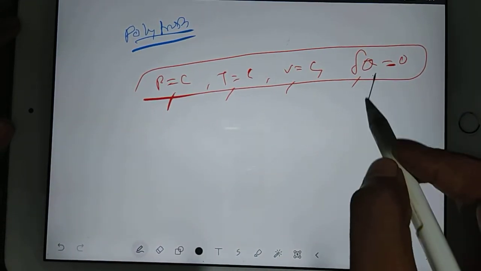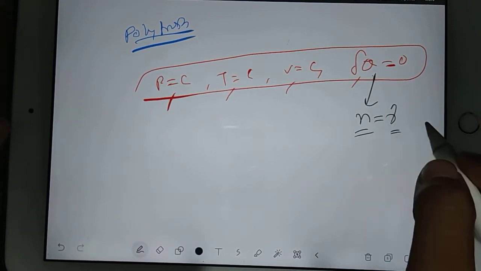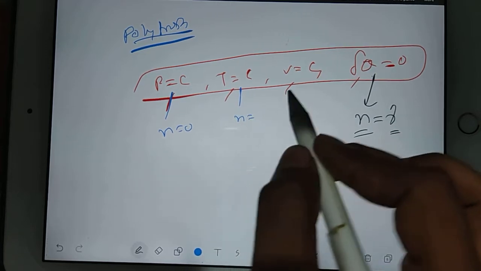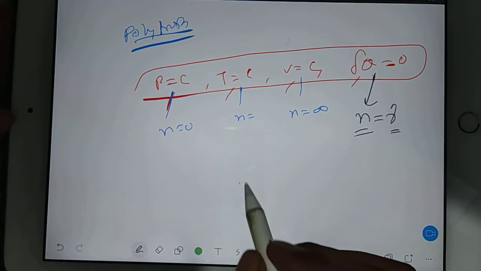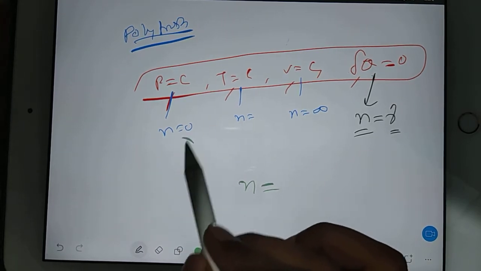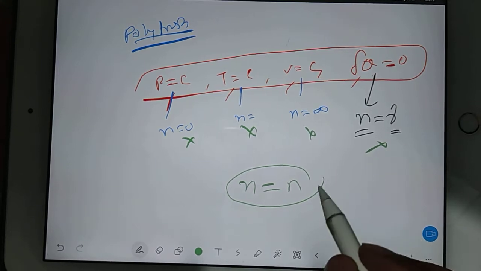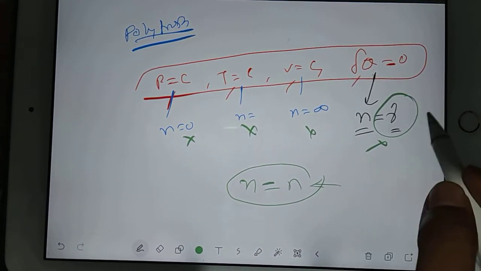Here you have a catch. Here n was 0, here n was 1, here n was gamma, here n was infinite. If your n is not equal to these, this n is known as the polytropic index, and this gamma is known as the adiabatic index.